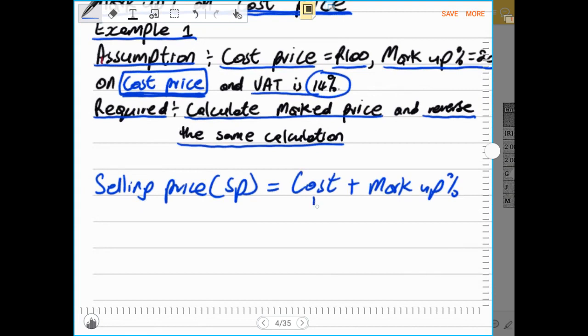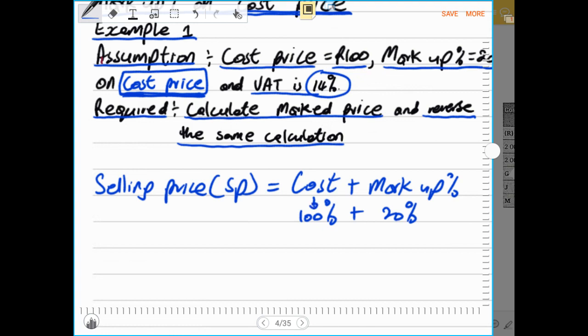Therefore the cost price will be 100%, then we have to add 20%.